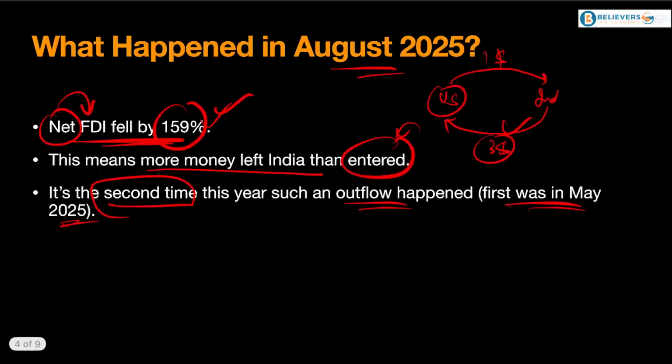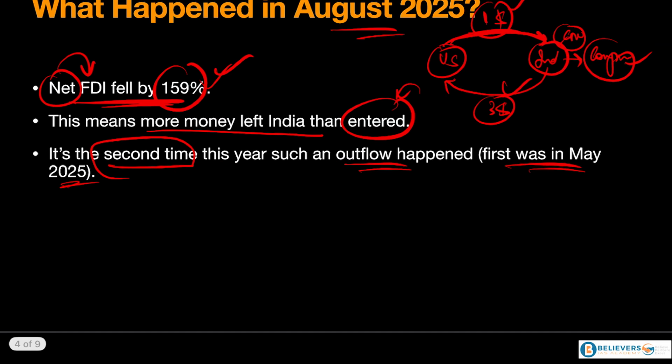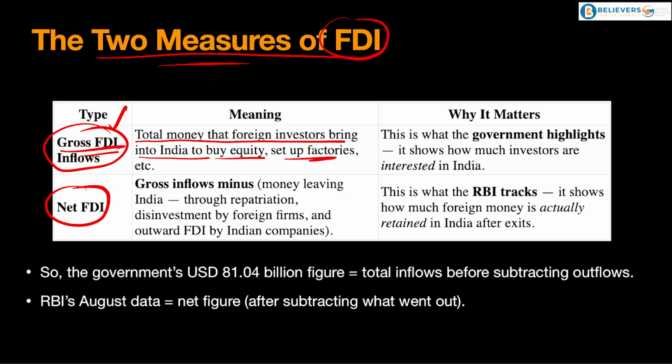Let's go back to the same example. Let's say the USA is investing $1 in India for some company here, and the government is only considering this $1 which came from the US. So this basically is your gross FDI.